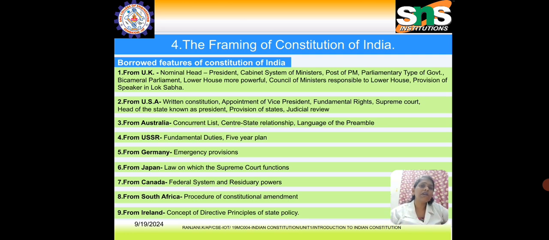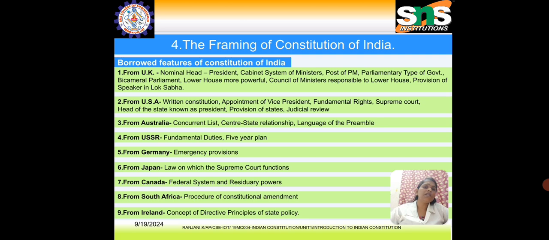And from the USA: written constitution, the appointment of vice president, fundamental rights, Supreme Court, head of the state known as president, and judicial review. And from Australia, we adopted the concurrent list, centre-state relationship and the language of the preamble.